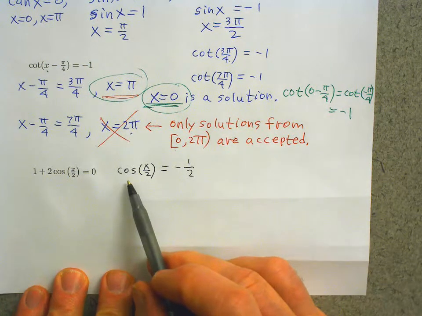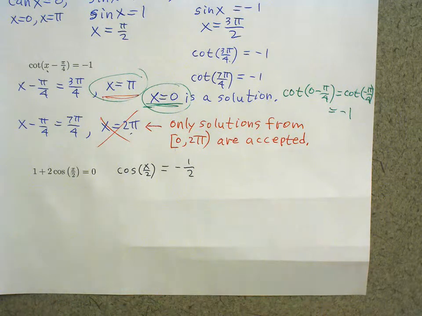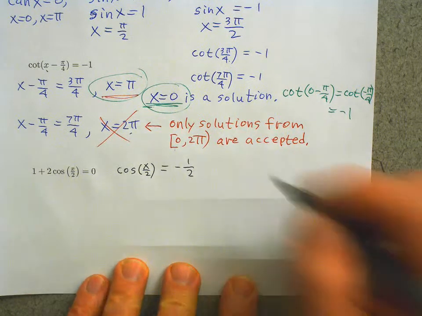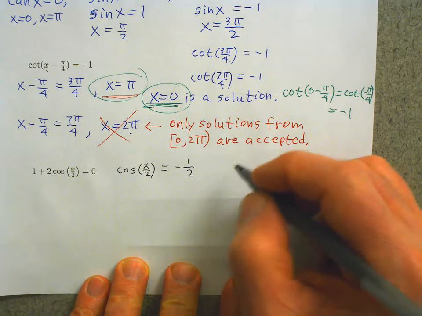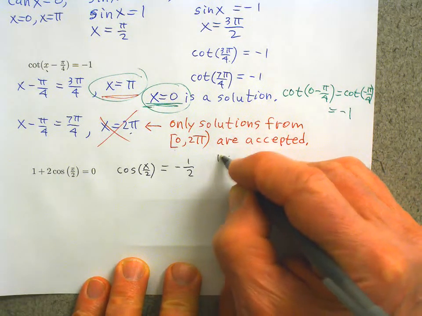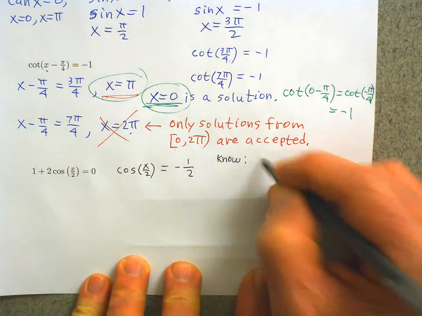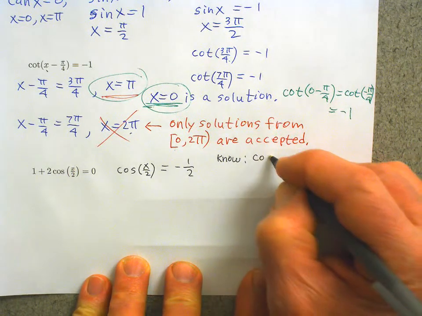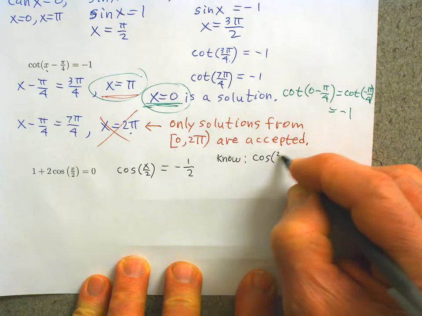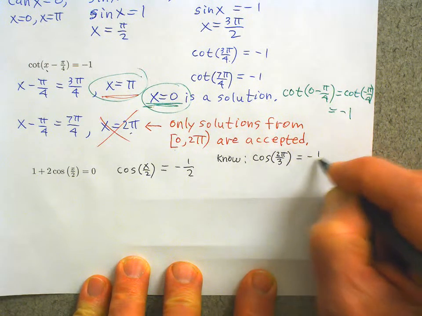Well, we know what values at which cosine is negative 1/2. We know that cosine of 2 pi over 3 is equal to negative 1/2.